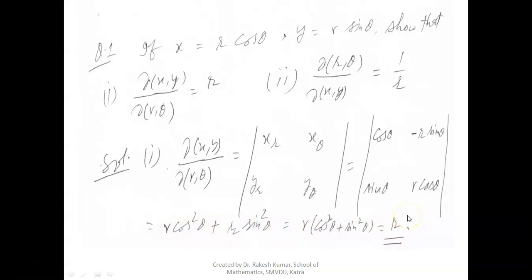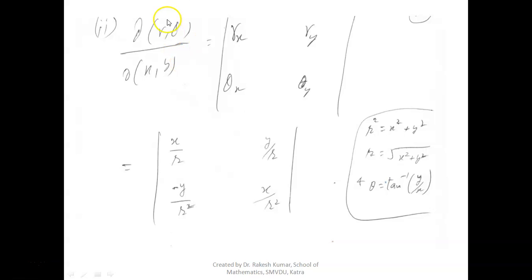Now taking up the second one, the Jacobian of r, theta with respect to x and y. So this is rx, ry, theta x, theta y. Now what is r? r is equal to the square root of x square plus y square, because if we square x and y and then add, x square plus y square would be r square cos square theta plus r square sin square theta.